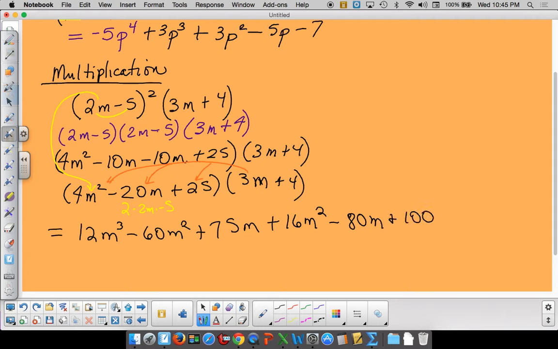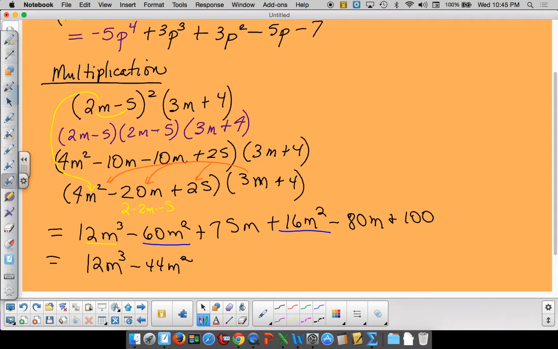Then you'll still need to combine like terms and end up with an answer in standard form. So we would start with the highest power, which is the 12m cubed. Next we need squares. The squares are negative 60m squared and positive 16m squared. So if I combine those together, I'm actually going to end up with negative 44m squared.